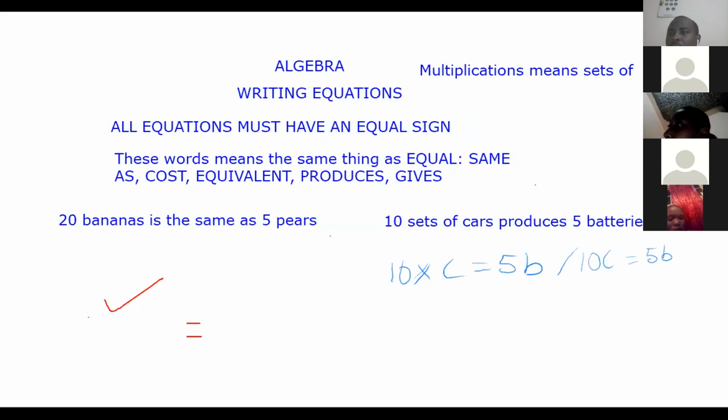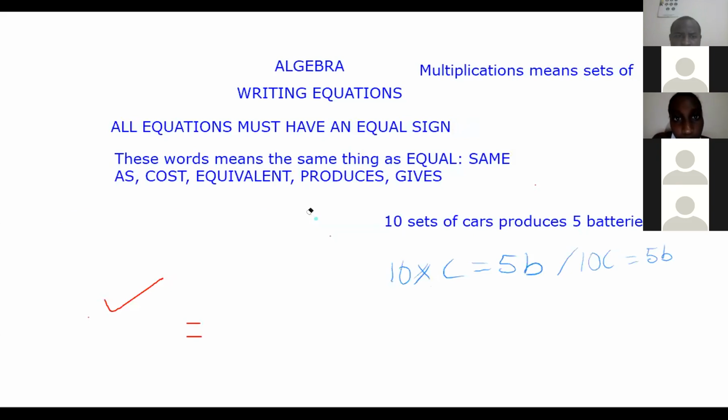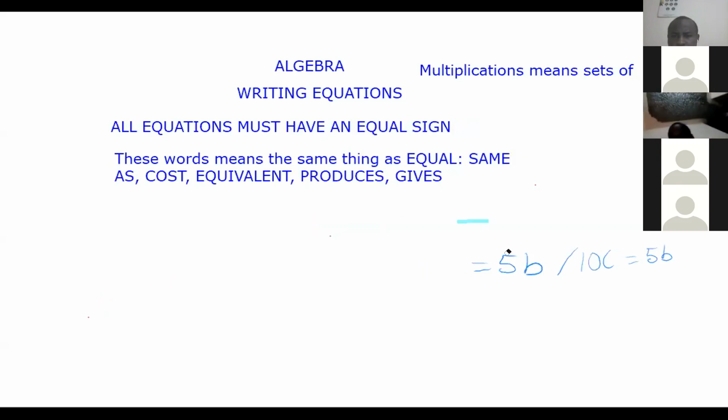All right, good job. Let's get some other questions. Here goes the other questions. All right, so let's get on it. Write an equation for this, or a mathematical statement, so to speak.